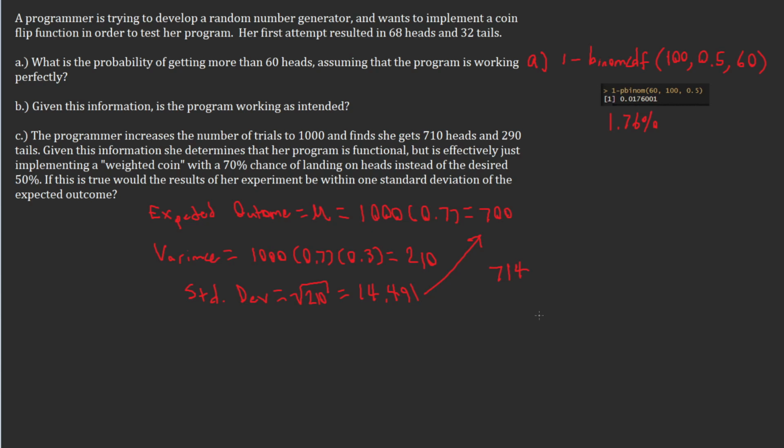You can only have whole number outcomes for heads or tails. And so 714 would be the closest integer value that's going to be within one standard deviation of the mean here, which is 700. And her outcome of 710 certainly is within one standard deviation there because it's less than this 714 value. So this is going to be less than one standard deviation away from the expected mean.